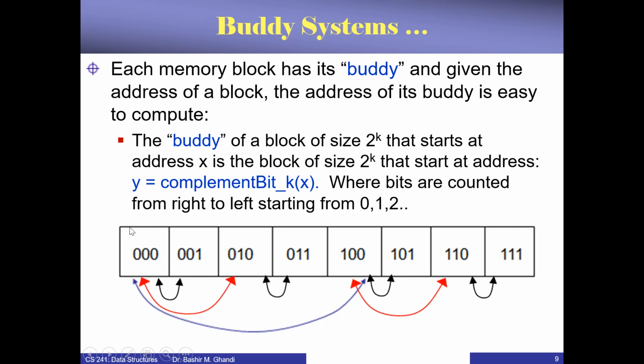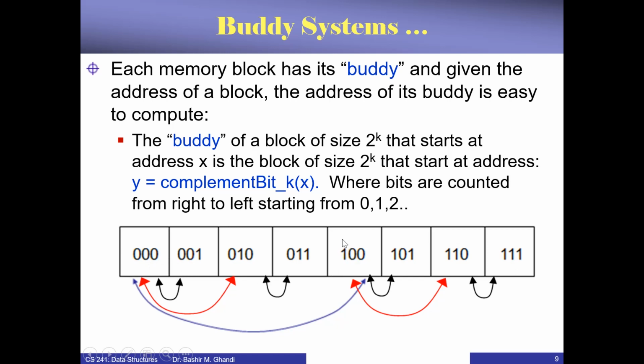What will be the address of the body? Well, 4 is the same as 2 to the power 2, so k is equal to 2. Therefore, just complement bit number 2, counting from 0, from right to left: 0, 1, 2. This is the one we need to complement. In other words, we're going to get 100. 100 is here.